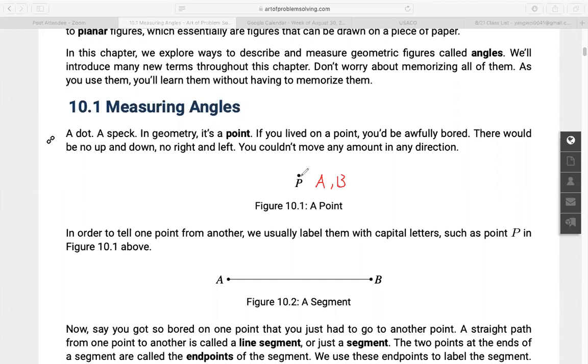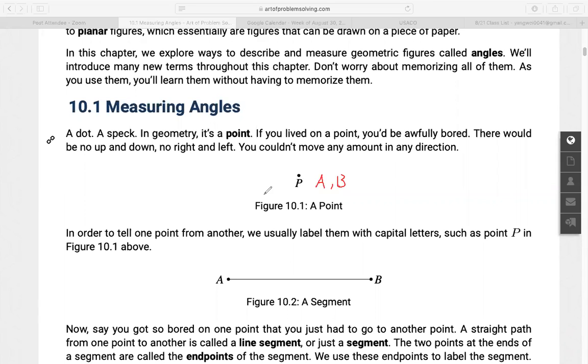A point doesn't have any size or direction. If you lived on a point, you would feel very bored. You cannot go in any direction for any distance. If you go in any direction for any distance, you'll fall off that point. That's the reason we call a point zero-dimensional.